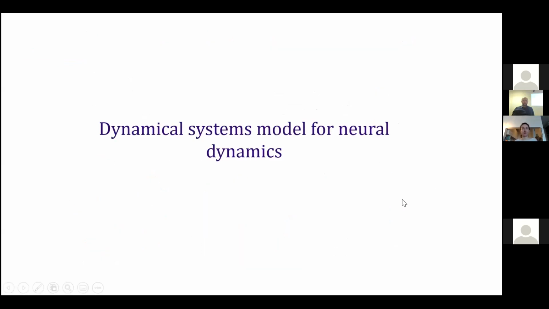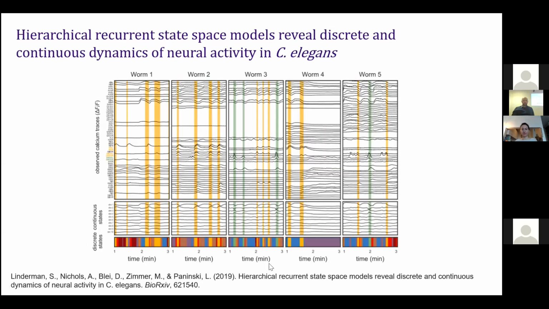So now I'm going to be talking about dynamical systems models for these neural dynamics. So far, I've talked about what it visually looks like in PCA space, but can we fit a dynamical systems model to this? So in Linderman et al., they created this hierarchical recurrent state space model. They found it reveals discrete and continuous dynamics in the neural activity of C. elegans.